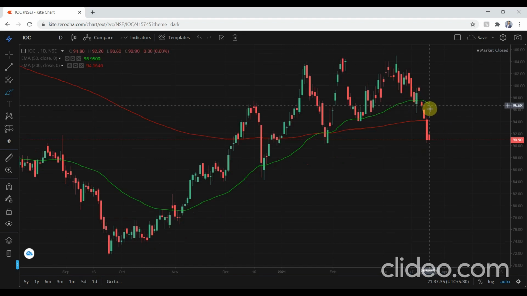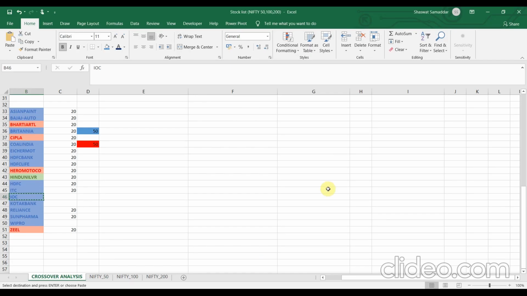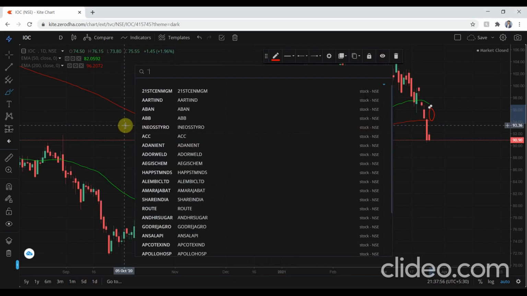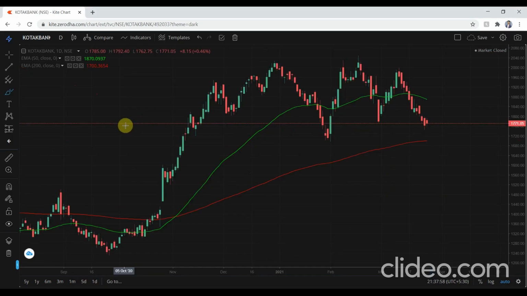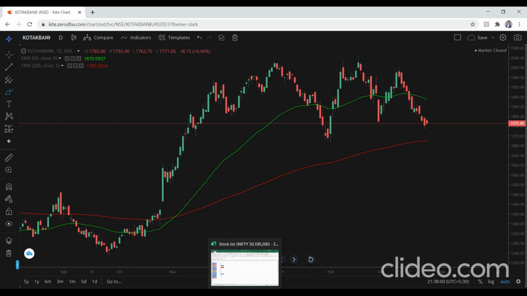It's in a downward motion and it's quite closer. So I'll mark it as blue. There might be a possibility. 20 and 50. And 50 I have it as blue. Okay, sorry. Yeah, right. Next is Kotak Bank. It's well above the 200 EMA.